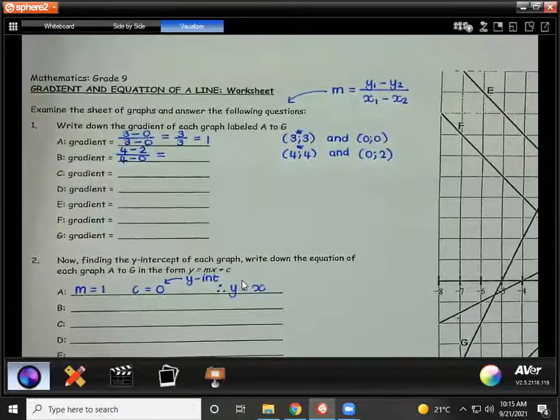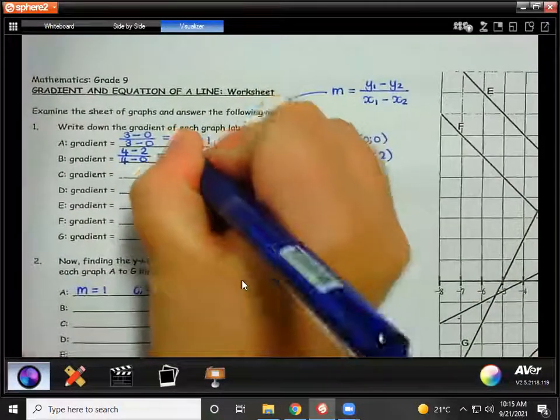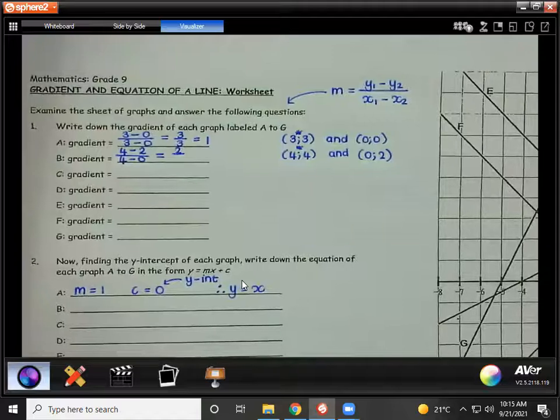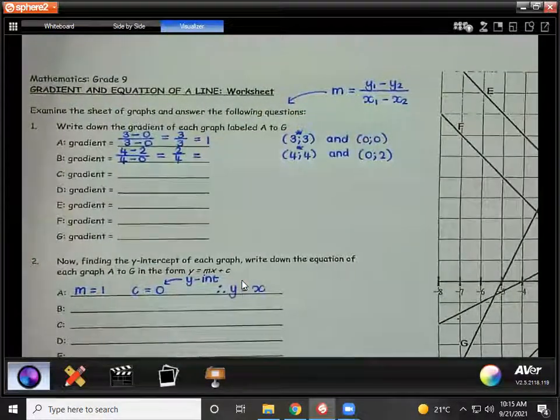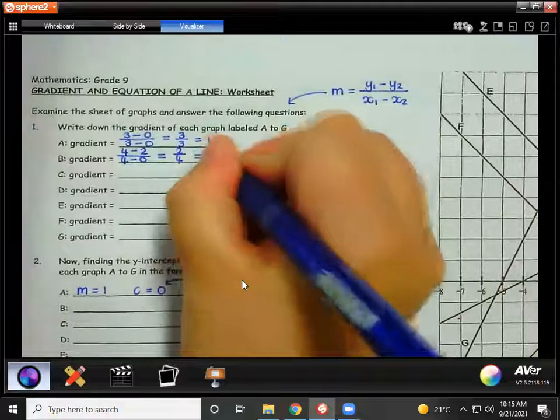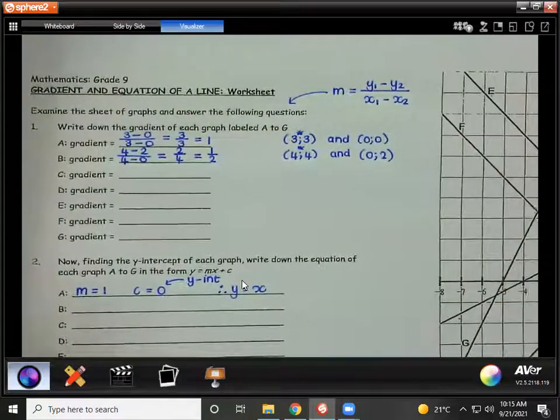So 4 minus 2 over 4 minus 0. Guys, what is 4 minus 2? 2. And what is 4 minus 0? 4. 2 over 4, what's that equal to? A half. Good. So the gradient is a half for that one.